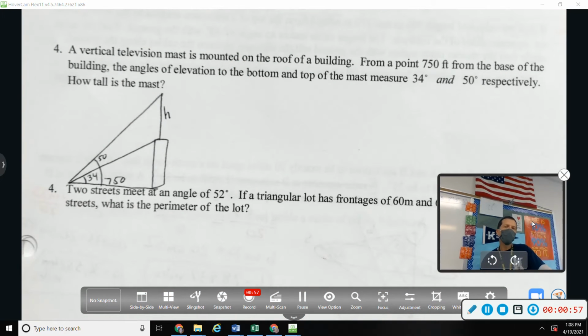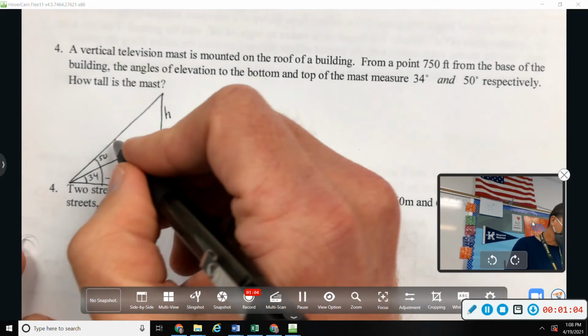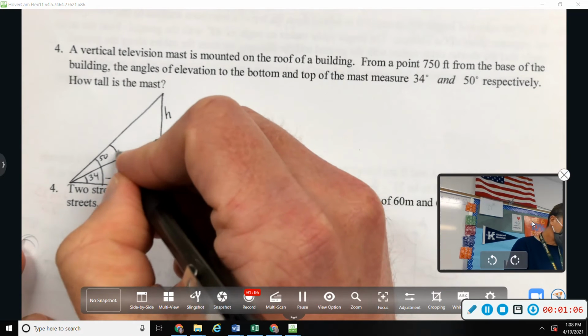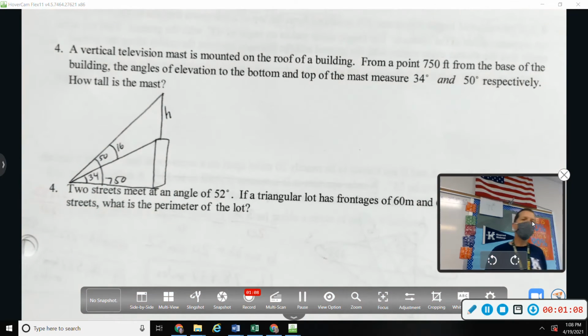Okay. Well, there's a couple ways to get there on this problem. If you want to look at just that top triangle and think H is across from 16, that's true, but you don't know anything else about that triangle, so I don't know how helpful that is.